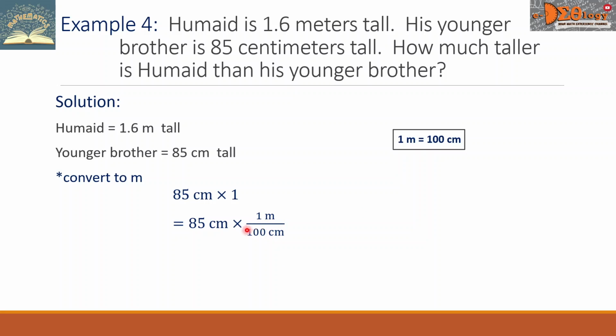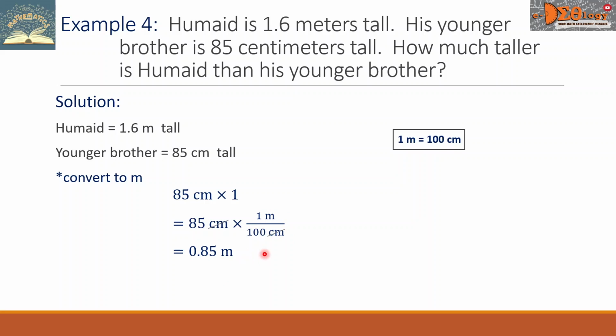Intentionally, we put the 100 cm in the denominator so that we can cancel the cm here and the cm here. Then we proceed to our operation. 85 times 1, then divide by 100. And the answer is 0.85 m. Note that the remaining unit here is m.